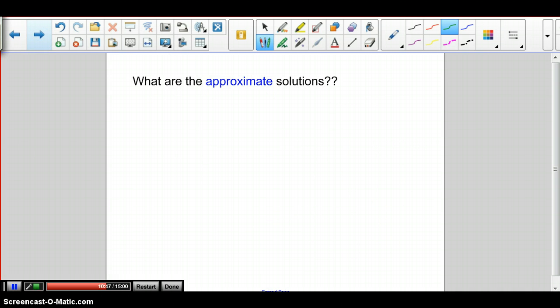So here the question is, what are the approximate solutions? On the last page we got that x equals negative 1 plus or minus the square root of 22 over 3. So let's take these roots that we got, because we do have 2, we have that plus or minus. Let's take them individually.